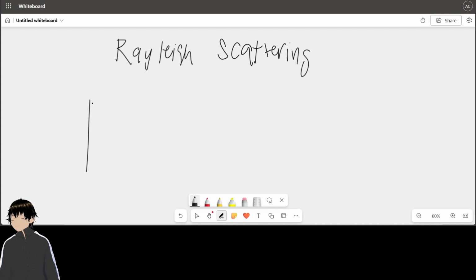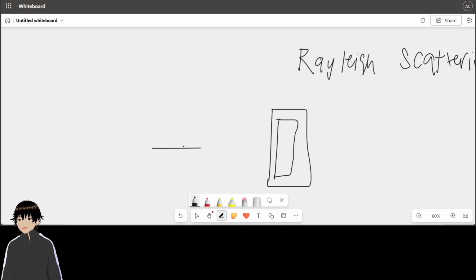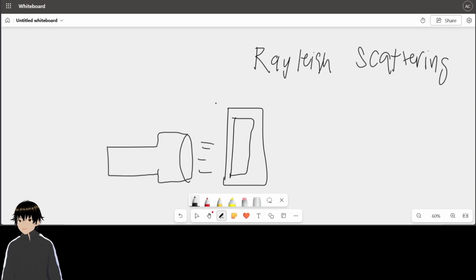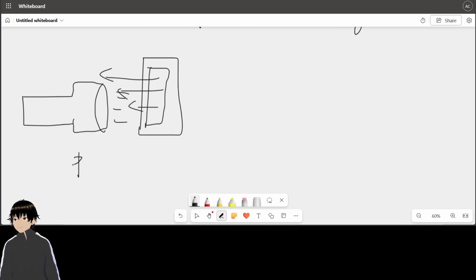Let's say you have a mirror, and you're flashing a flashlight on it. What the mirror does to light is, obviously, it reflects it. So the light bounces back from the mirror. This is called reflection.